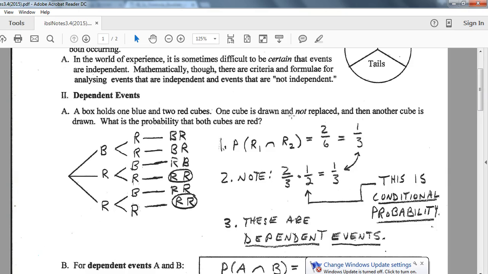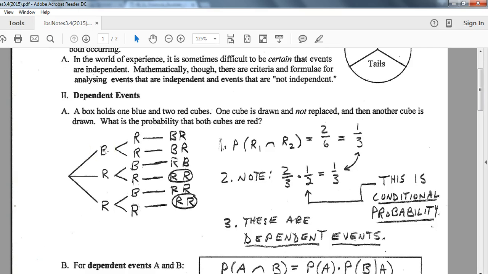And so this is definitely affecting my second event. So let's go through a couple of examples on this one. Just laying it out with the tree diagram, and really with the proper tree diagram, I would be putting the probabilities into this. So the probability that it's blue is 1 out of 3. This red one is 1 out of 3, and this red one is 1 out of 3. If you look at the second events, these are the potential outcomes you could get given that this happened.